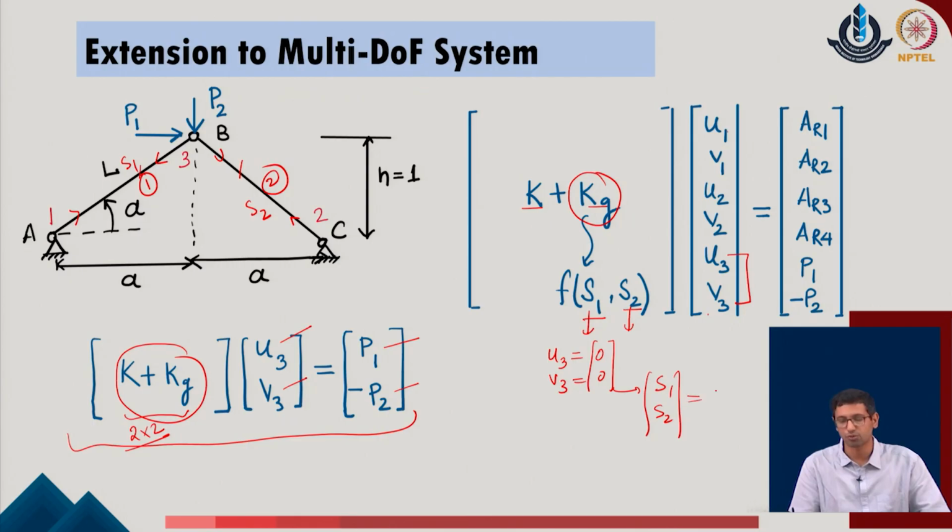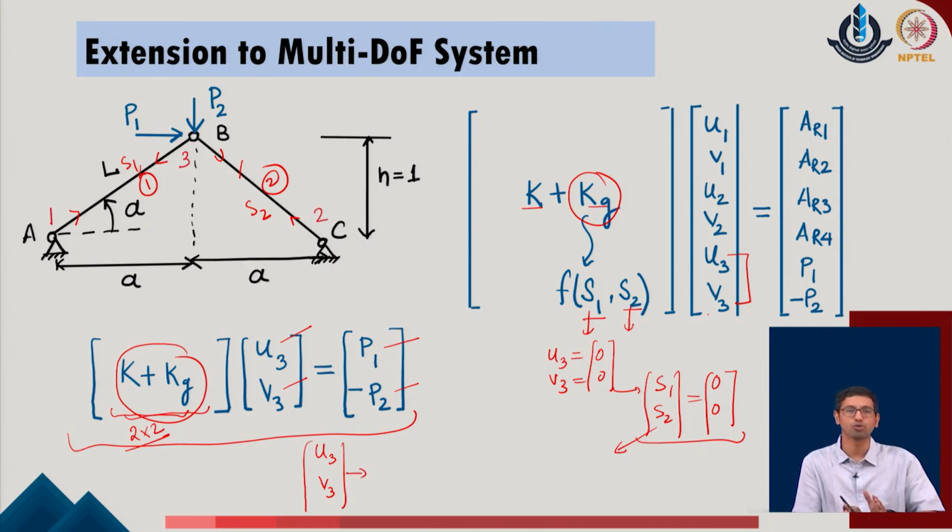We evaluate these initial force values, most likely they will also come out to be 0. With respect to these values, I evaluate the overall stiffness matrix of the given system, which is K plus Kg. So, knowing the initial values of the forces, we can evaluate the stiffness matrix and do the simple linear analysis, because now the K value has come out as a constant value, and I can calculate the values of u3 and v3.